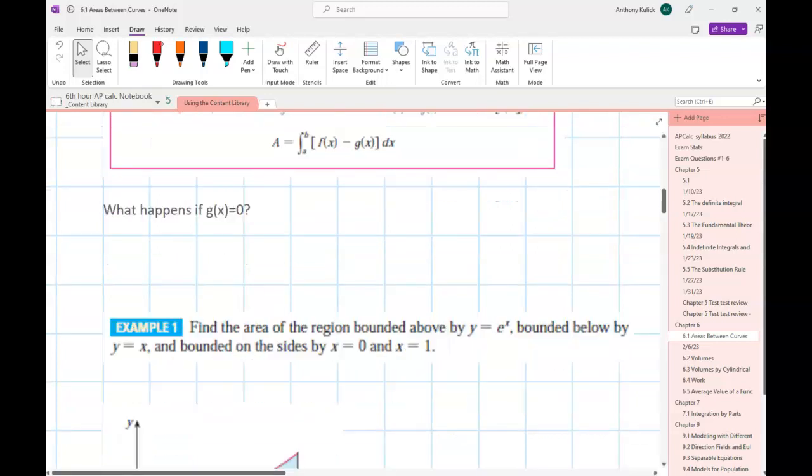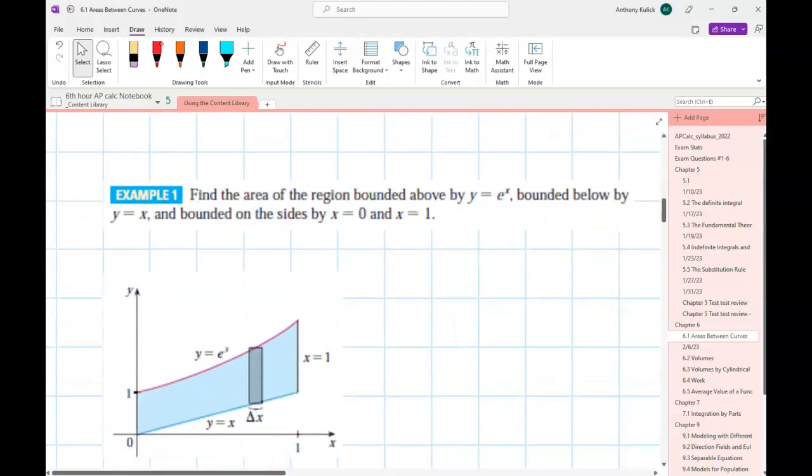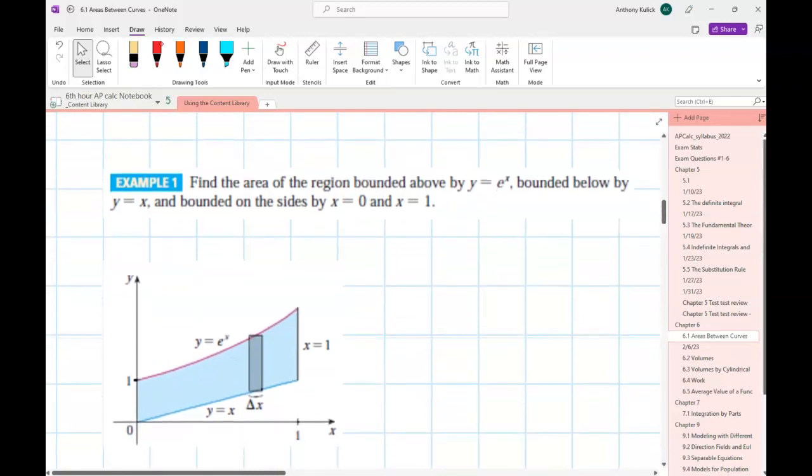Okay. It's example time. Here we're asked to find the area of the region bounded above by the curve y equals e to the x, and bounded below by the curve y equals x, and then bounded on the sides by x equals 0 and x equals 1. I've gone ahead and included a picture of that region.